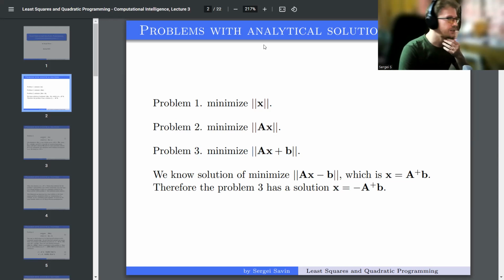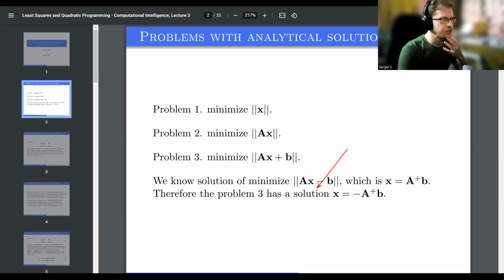Here I want to point out that we already saw this problem in the previous lecture, but we saw it in this shape. We wanted to find the smallest possible difference between Ax and b, because we were solving Ax equal to b.